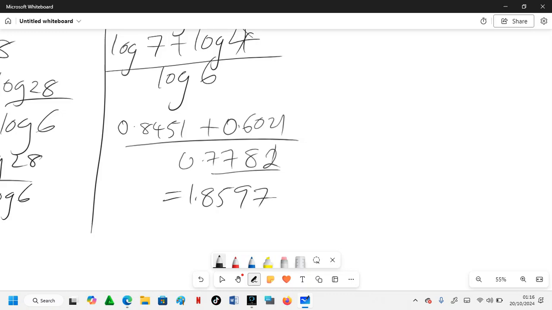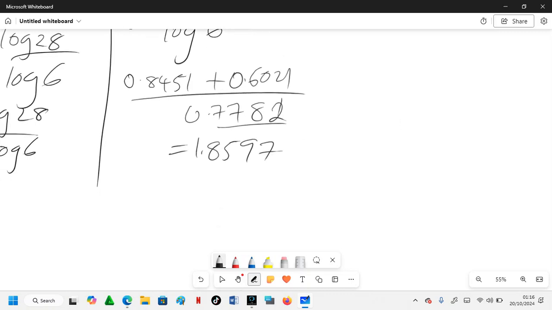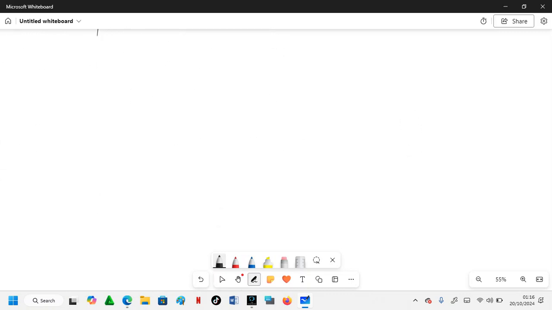So you can look at another example. Now let's say you have 5 to the power x times 5 to the power x minus 1 is equal to 10. We're going to start first by using the law of indices. We are multiplying indices of the same base, so we can easily combine them.